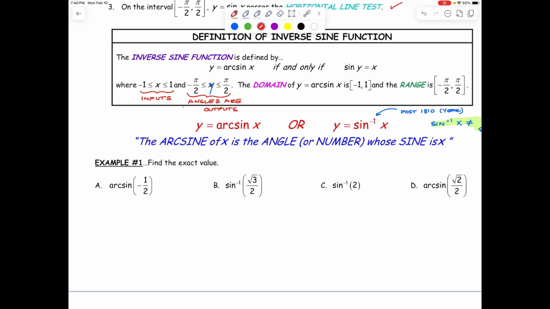So if you work your way around the circle, sines are negative in the third and the fourth quadrants. They equal negative 1/2 at 7 pi over 6 and also at 11 pi over 6. So this is in quadrant 3 and this is in quadrant 4.